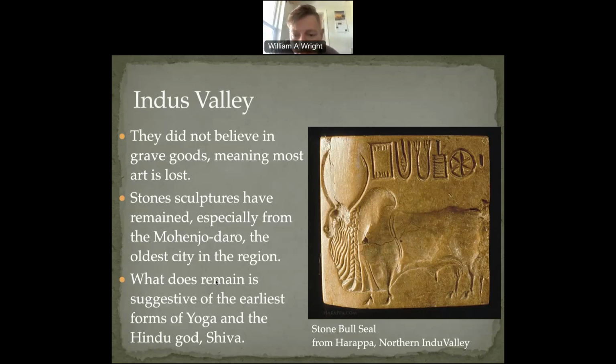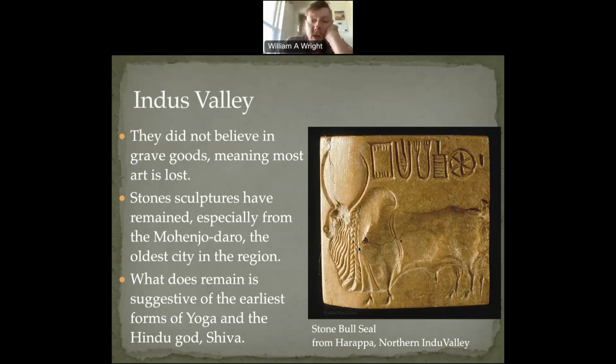Now, a lot of what we have here, looking at this object, are seals that would have been made of stone, so that's why they remain, but they actually are not the finished artwork as much as tools used to make art. This is a stone seal, which means it would have been pressed into clay or wax. So again, this is more like a stamp, not a finished art piece.